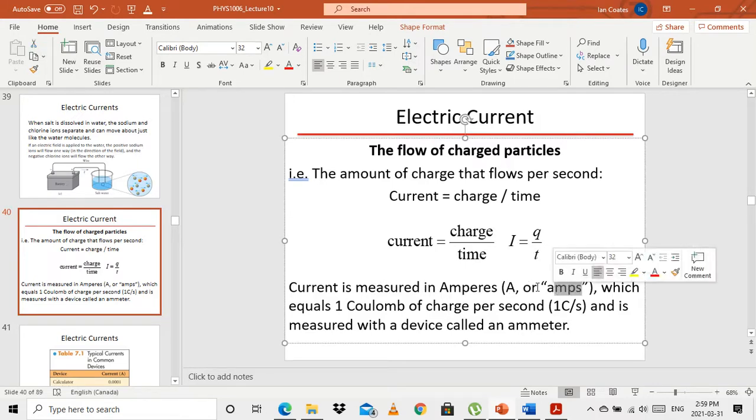An ampere equals 1 coulomb of charge per second. So that is 1 ampere, and you can measure this with a device called an ammeter. Ooh, that just might be a good little question. So I is equal to Q divided by T. Current is equal to charge divided by time.